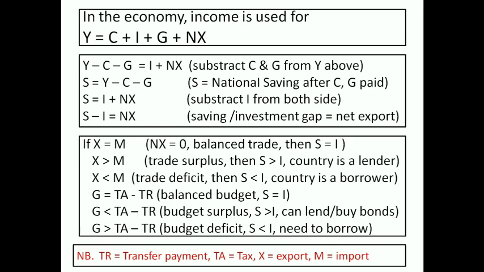But in the case of budget surplus, government expenditure is less than the tax minus government transfer. Then that economy is able to lend or buy bonds from the financial markets because savings is greater than investment.